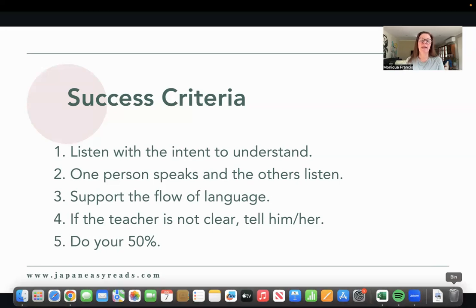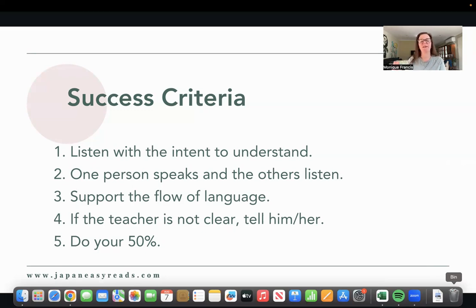Support the flow of language. So encouraging the students to help create, by their attitudes, a really positive flow and high usage of the Japanese language. For a beginner, they are supporting the flow of language by not using English, or by using gestures to indicate whether they understand something or not.